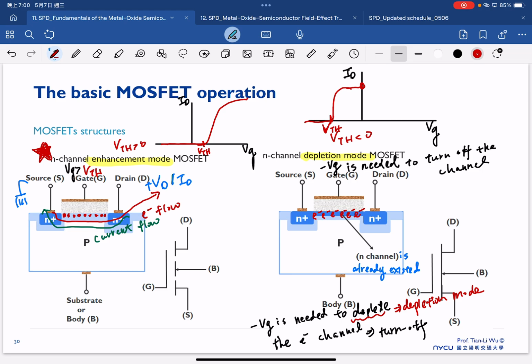That's for silicon, but for III-V or compound, we very often use the depletion mode device. But that's another story. Just try to compare these two devices on this slide. Then the N-channel enhancement mode is the one that is most popularly used.